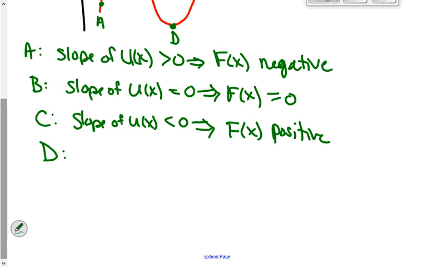All right, we can still see point D up here. What's the slope of U of x going to be at point D? 0 again, which tells us that F of x is going to be also 0.